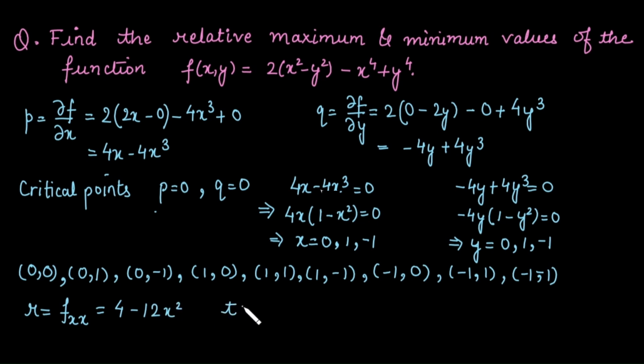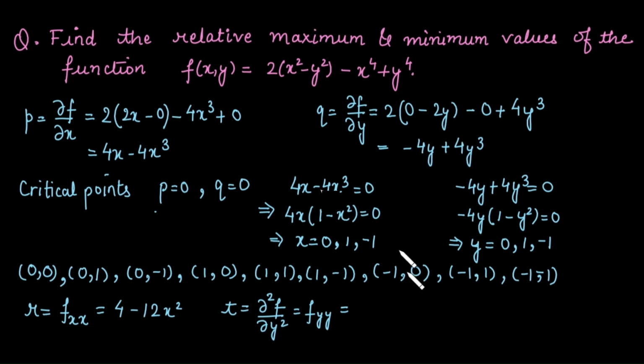The value of t is equal to the second order partial derivative of the function with respect to y. Means we need to take its further derivative with respect to y.